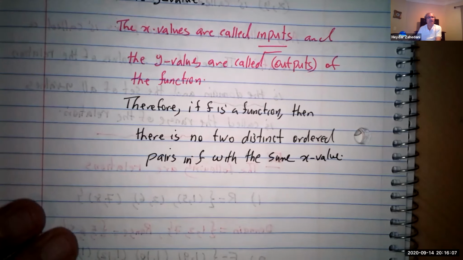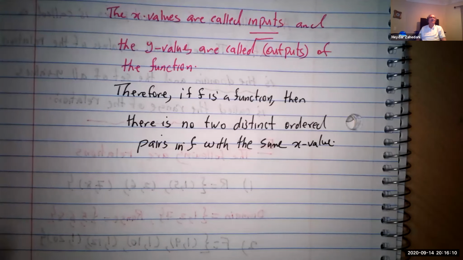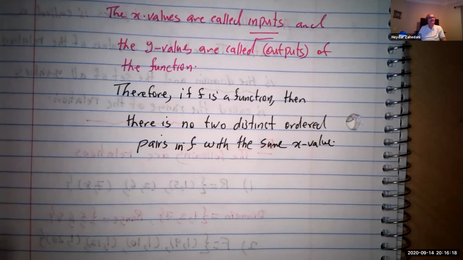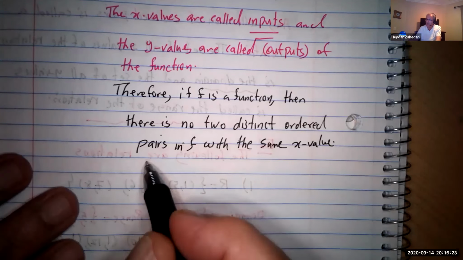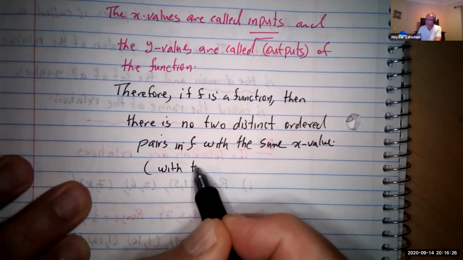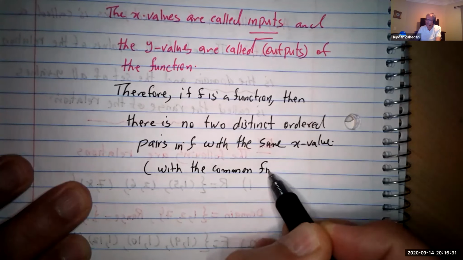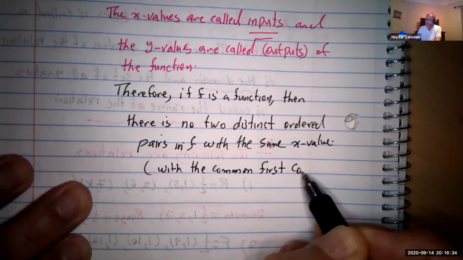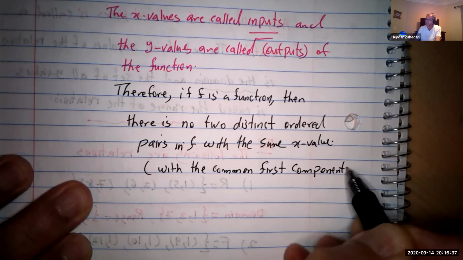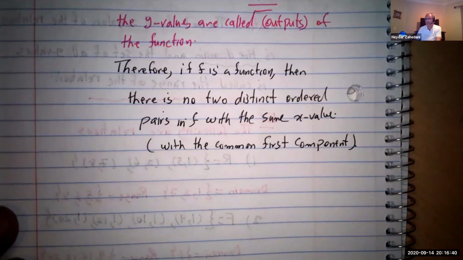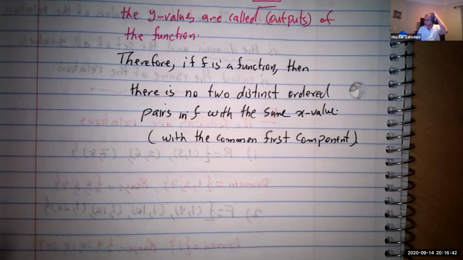The x values must be different. You cannot have any sharing. If f is a function, there are no two distinct ordered pairs in f with the same x value, or a common first component. Basically, you check the first component. If they are different, it's a function. Otherwise, it is not.